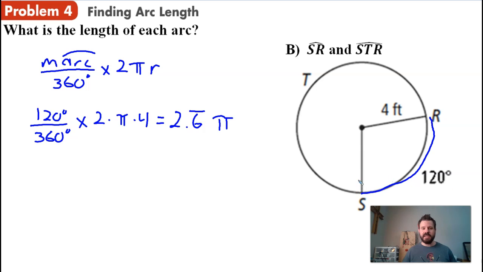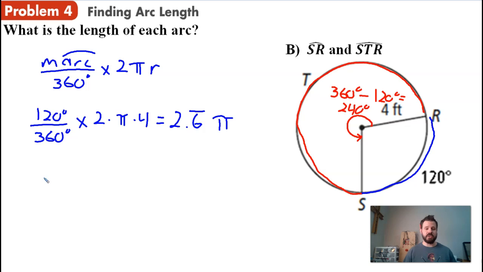All right, then same idea for the larger arc, the major arc, arc STR. That's going to be talking about this chunk of the circle. First thing I need to know for that is what my arc measure is, in other words, what this angle is. To get that, I can take the whole circle, 360, minus the part I'm not including, the 120. That's equal to 240 degrees.